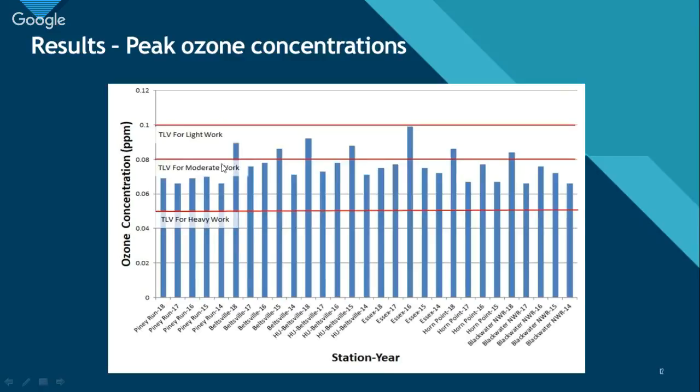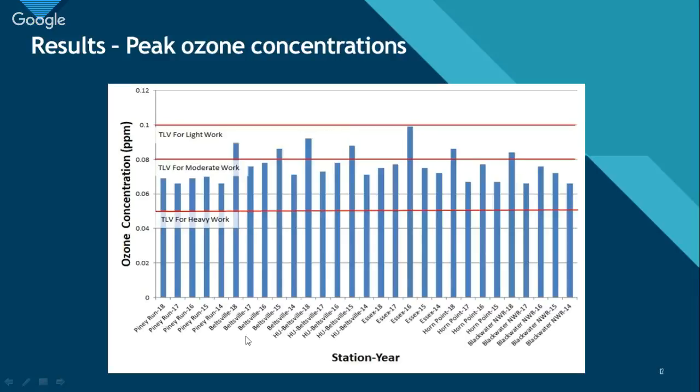And there were 7 stations that recorded concentrations that exceeded the TLV for moderate work. Although it didn't meet or exceed the TLV, it's important to note that Essex in 2016 recorded a concentration of 0.099. That is very close to the TLV for light work.